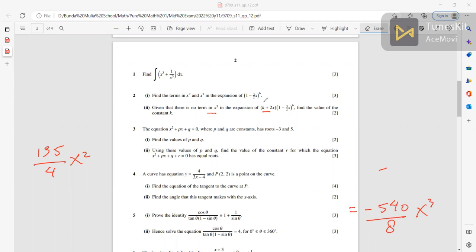Later this k we have to make become x cubed, so that there will be no x cubed.